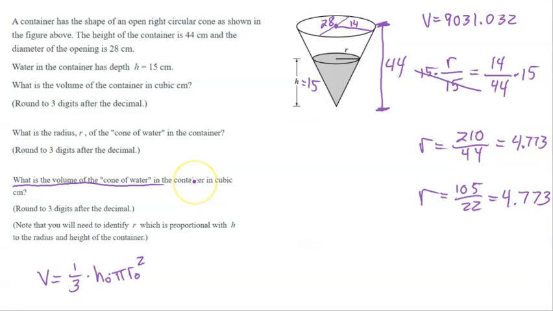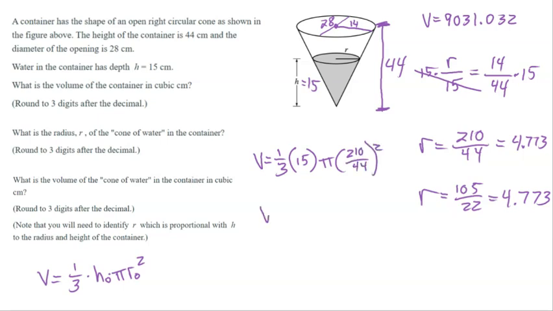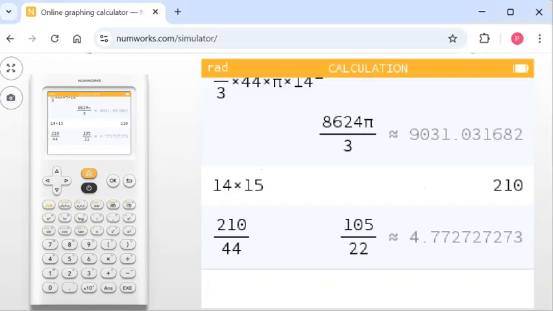Well, the volume of the cone of water is going to use the same formula for a cone. It's going to be volume is equal to 1/3 times the height of the cone of water. The height of this cone of water is 15, so times 15 times pi r squared, times pi. The radius we just learned is 210 over 44, 210 over 44 squared. And now let's key all that into the calculator.